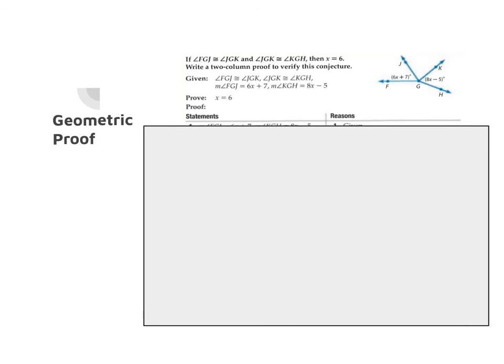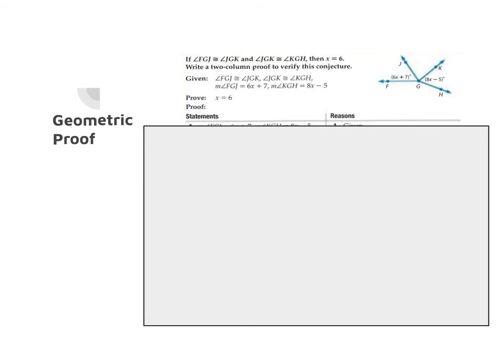So we need to write a 2-column proof to verify this conjecture. Again, we're going to write down our givens. In this case, we have 4 givens, and then what we're trying to prove.